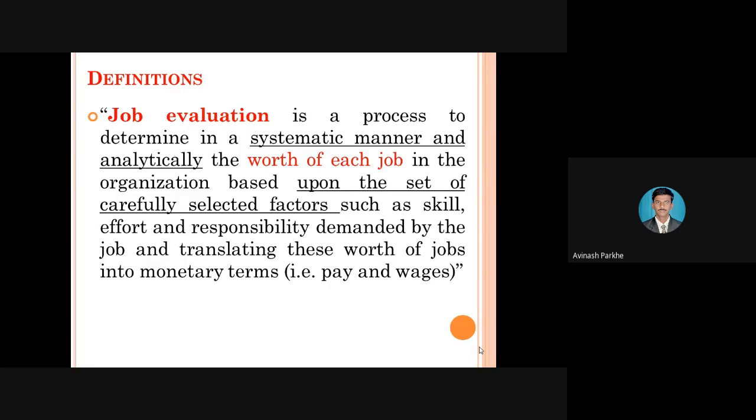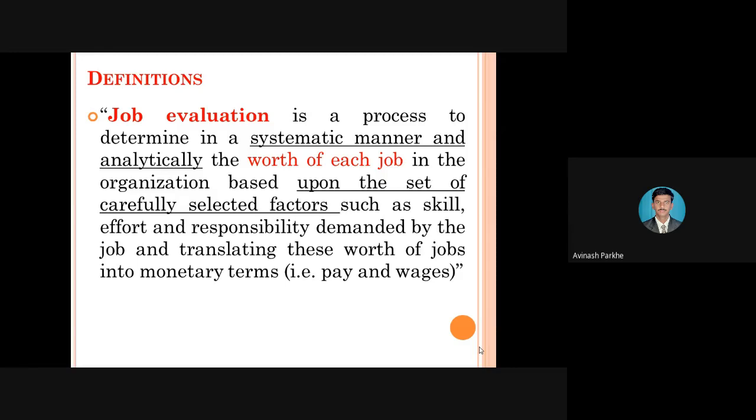If that job or product satisfies all the working conditions, then we can say that the product has been properly manufactured. That means, in order to check all the important things related to that particular job or product, that process is called job evaluation. So it is done in a systematic manner, and analytically we are calculating the worth of the job under different factors.